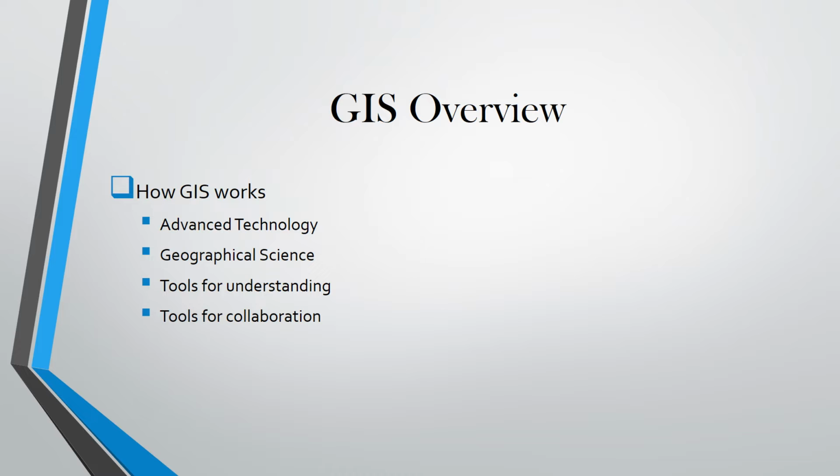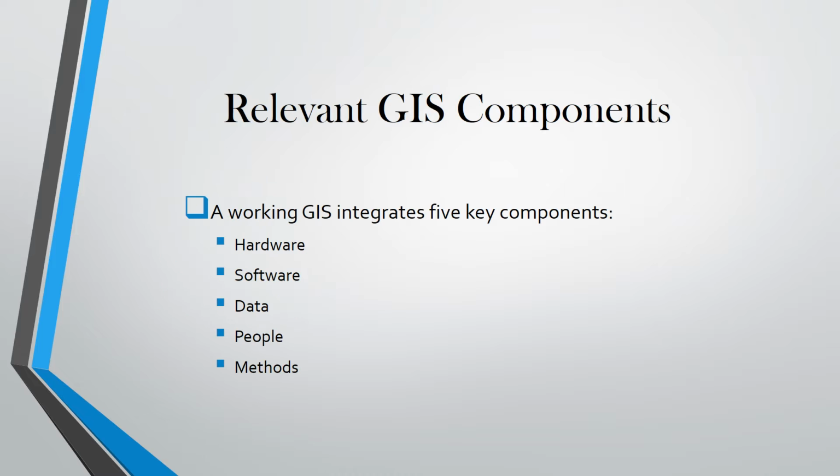It helps people reach a common goal. This common goal is to gain actionable intelligence from all types of data. GIS uses 5 key components, and these are hardware, software, data, people, and methods. We'll go further into each of the components in the following slides.